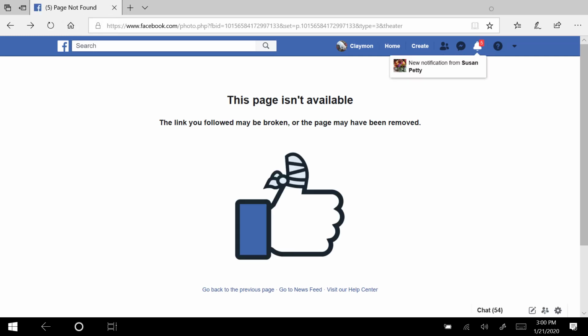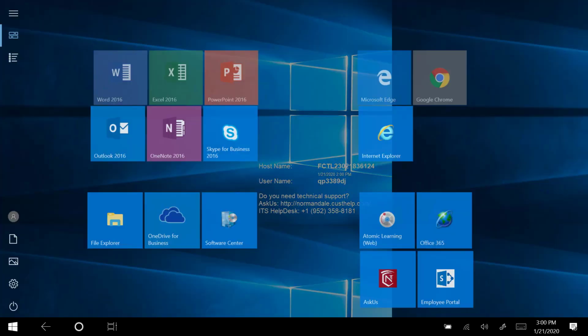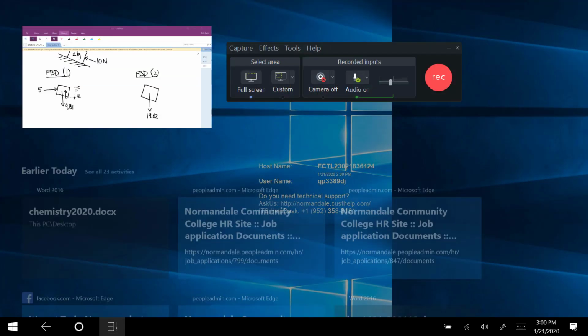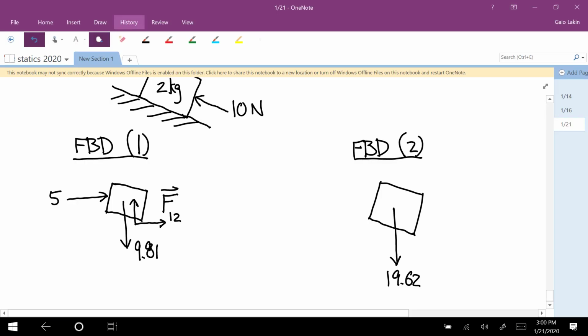Okay, so yeah, we also have the 10. And down here, we have the force vector on the 2 by the incline.